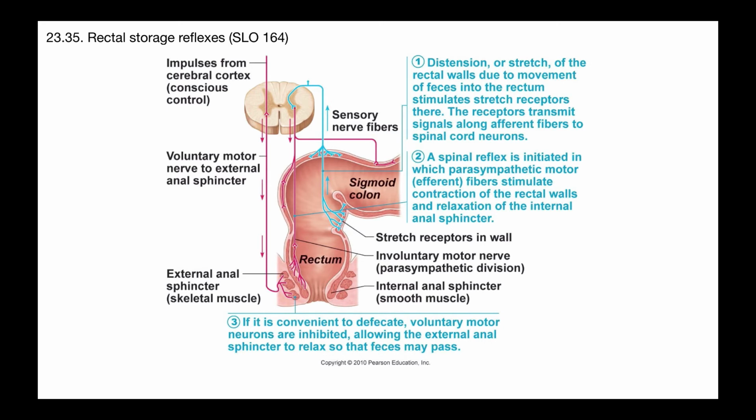But that's part of the reason why, when you need to use the restroom but you can't get there yet, a lot of that urge is coming from the fact that the rectum is contracting to try to cause defecation to happen. So what's voluntary is not any push that you would give to defecation, but just the relaxation of the anal sphincter. And this is something that's learned. It's like automatic but not autonomic, because it's a habit that happens during childhood.